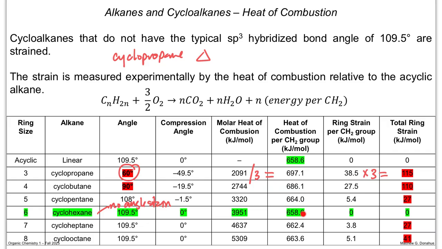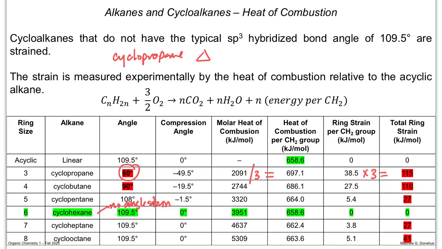So this is kind of the low point in terms of strain. As you go back up in carbon count from 7 to 8, you see the strain start creeping back in. And there's other sort of reasons why that is.